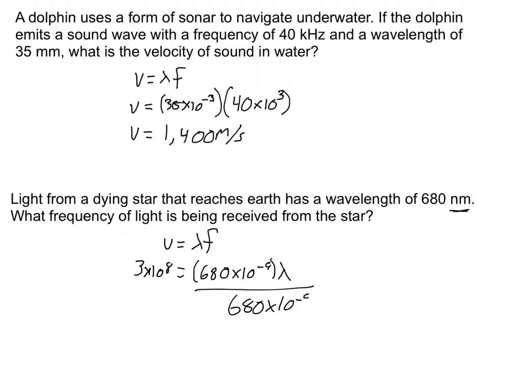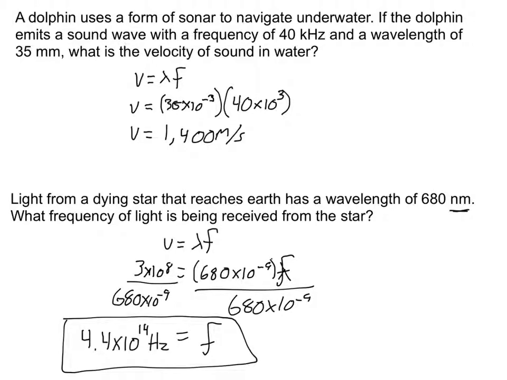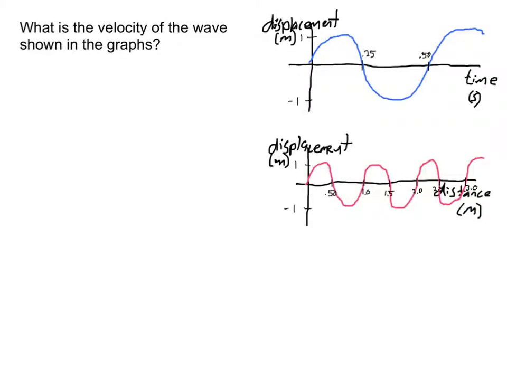Divide both sides by your wavelength, 680 times 10 to the negative 9th, and you come out with the frequency of light. It comes out to be 4.4 times 10 to the 14th hertz. And the entire trick with any problem that involves light is just remembering the velocity, 3 times 10 to the 8th meters per second. All right, the last question that I want to do for this is using graphs.